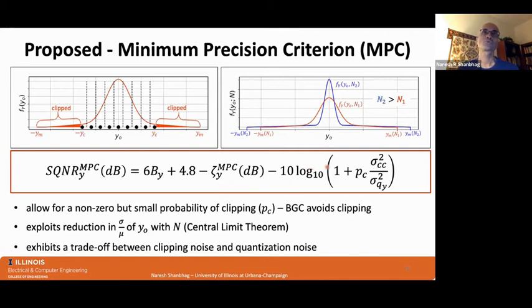Now, these two terms actually trade off with each other. If you allow for more clipping, you'll find that YC has to be reduced. Your quantization noise becomes less, clipping noise increases, and vice versa. So it's a very nice, beautiful trade-off. You can find the optimum setting so that SQNRY is maximized for the same number of bits BY. And this trade-off is really important when your dimensionality increases.